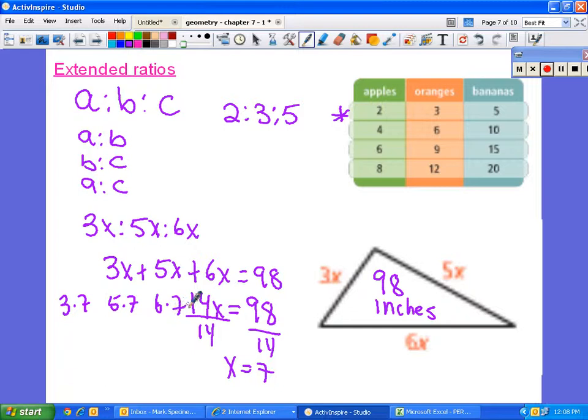So 3 times 7 is 21, 5 times 7 is 35, and 6 times 7 is, try that again. 42. So my answer is 42. Very good.